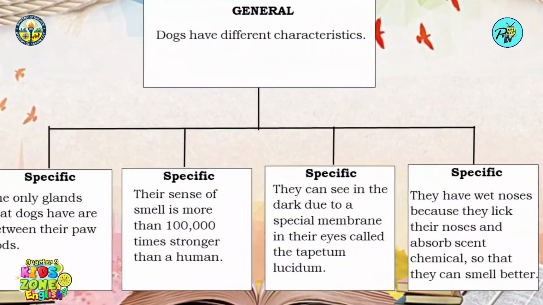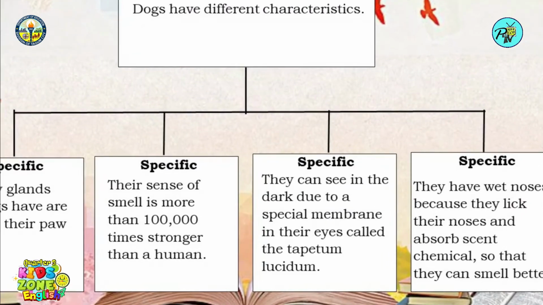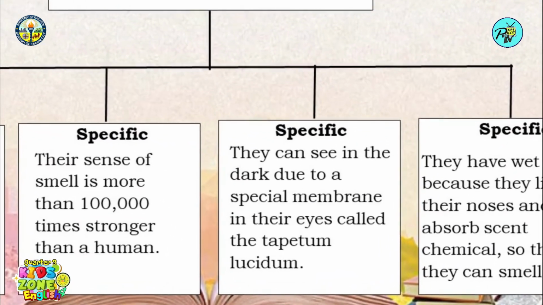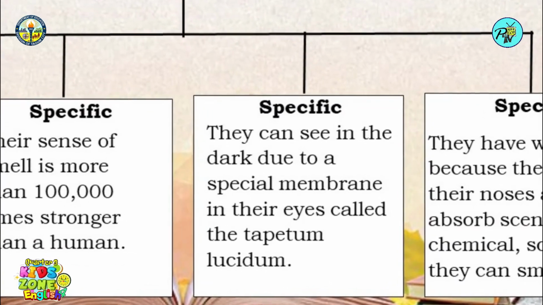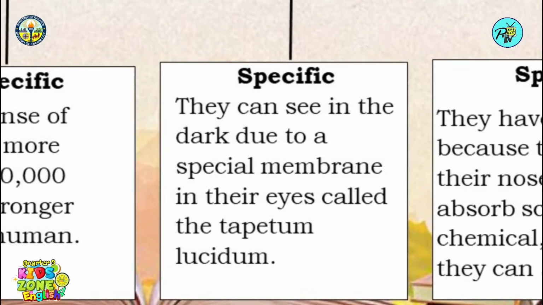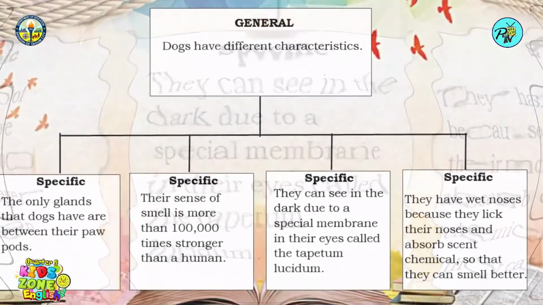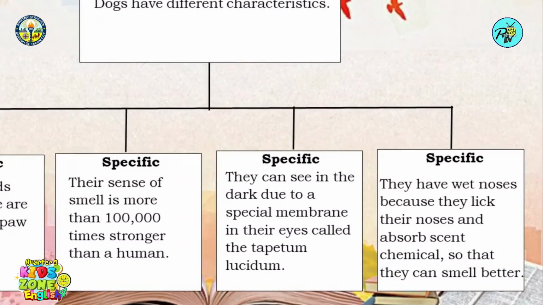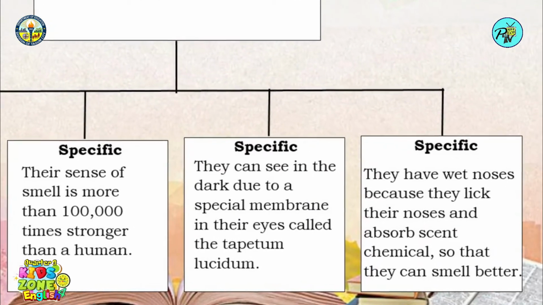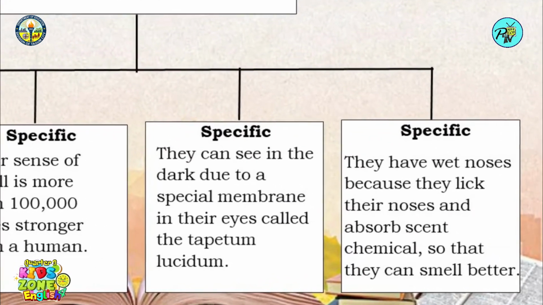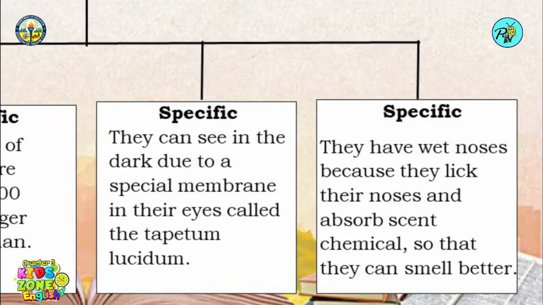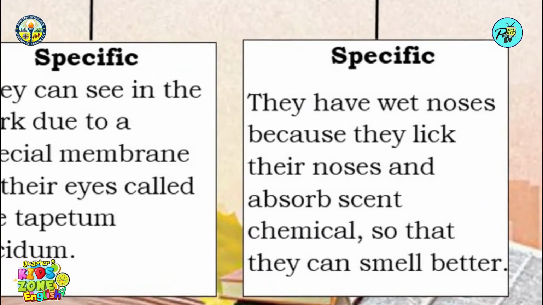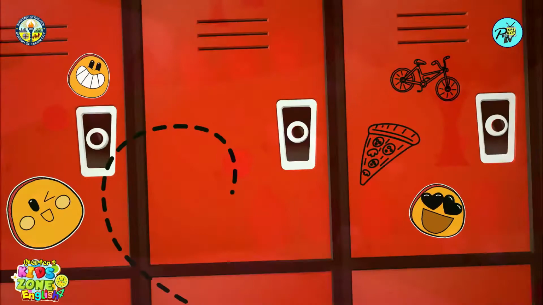The third specific statement, they can see in the dark due to a special membrane in their eyes called the tapetum lucidum. Fourth specific statement, they have wet noses because they lick their noses and absorb scent chemical so that they can smell better.